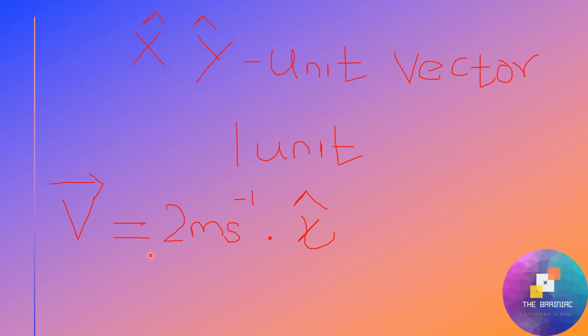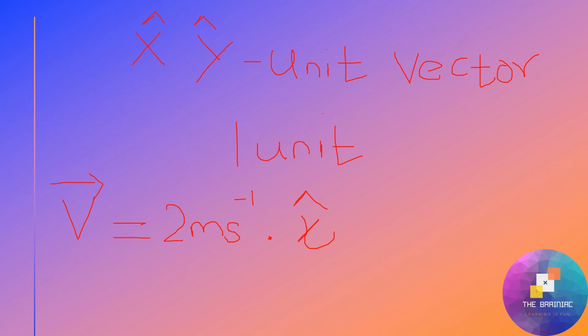So the x with an exclamation mark means a vector that points in the direction of the x-axis, and it's only 1 unit long. And in simple ways, y with an exclamation mark means a vector that points in the direction of the y-axis, and it's only 1 unit long.